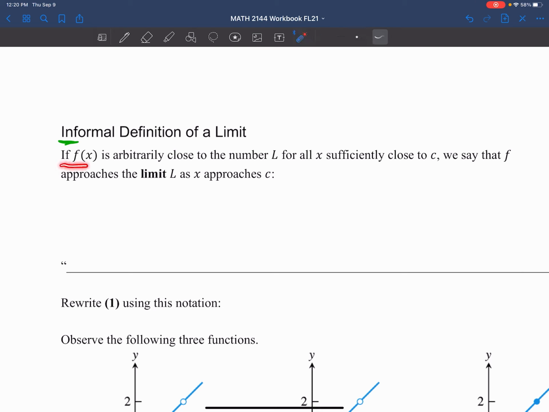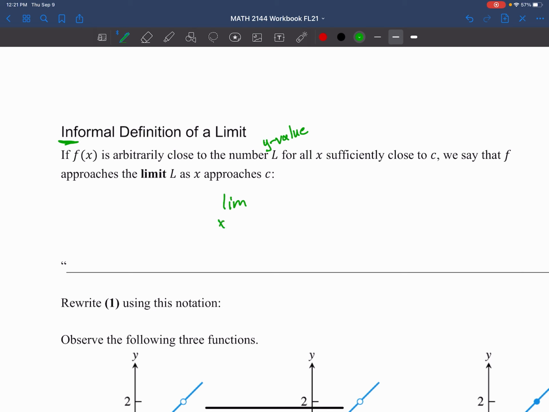So if f of x is arbitrarily close to a number L, and again, was the limit an x or a y value? What did you guys recall? Good, grab onto that. The limit is some sort of y value. The limit L for all x sufficiently close to c, we say that f approaches the limit L as x approaches c. We write that as follows.